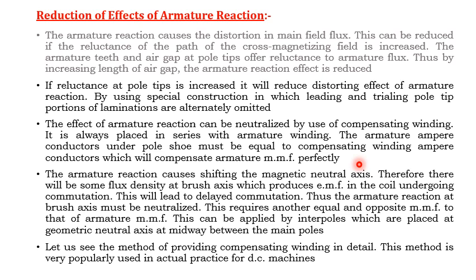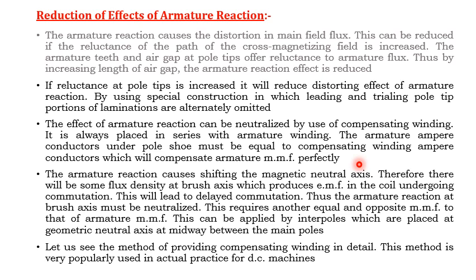The second method is using compensating winding. This compensating winding, which is placed in series with the armature winding, will neutralize the armature reaction. The third method is the use of interpoles.